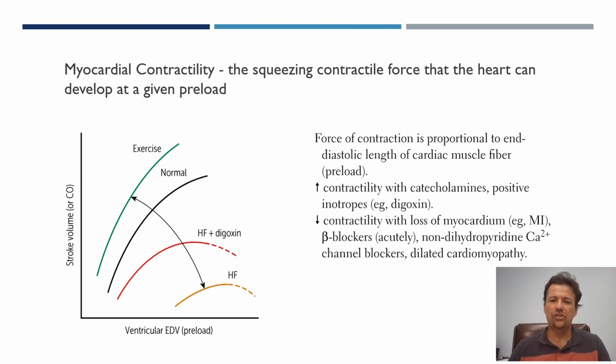Things that increase contractility are catecholamines, which are increased in exercise, and drugs like digoxin. Things that decrease contractility are beta blockers or dilated cardiomyopathy, when you have a problem with the muscles in the walls, and certain calcium channel blockers.